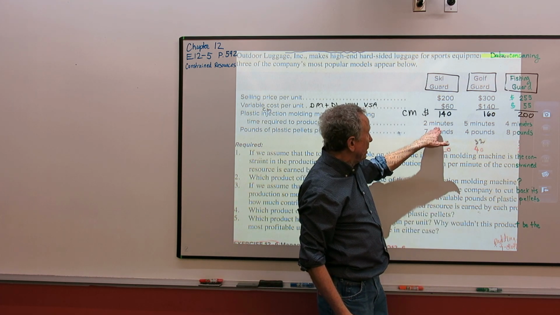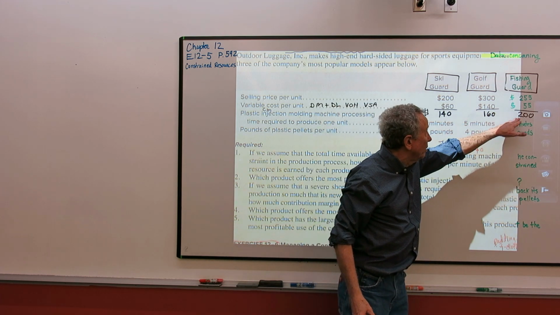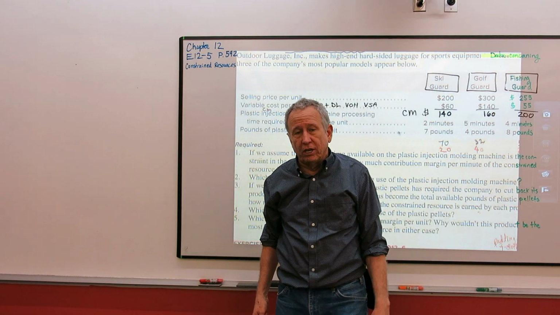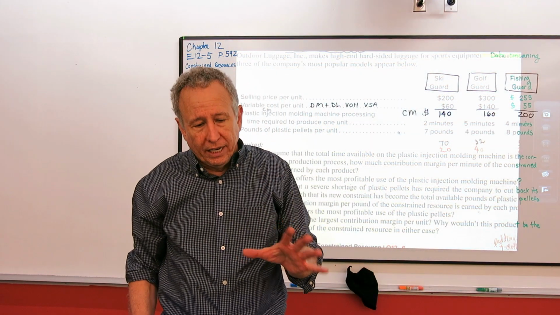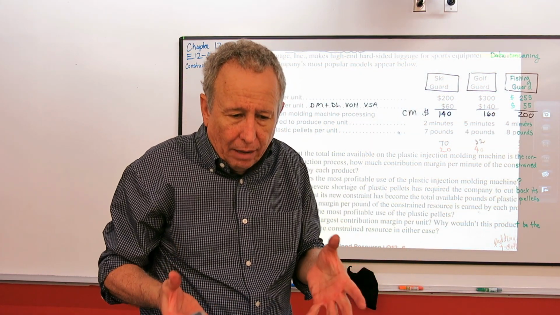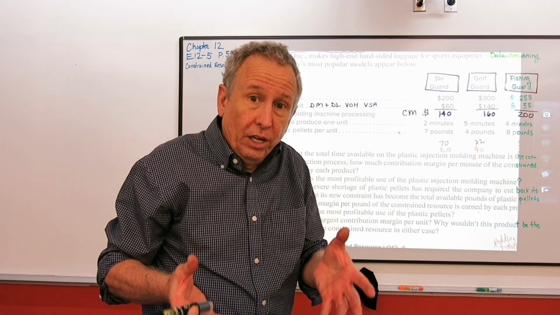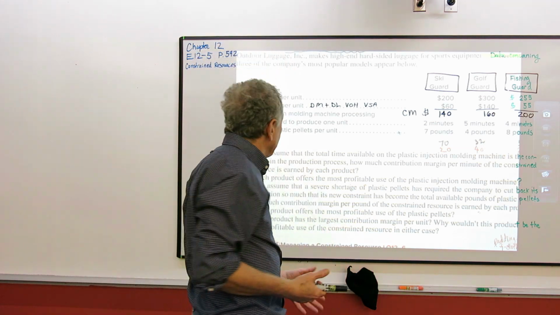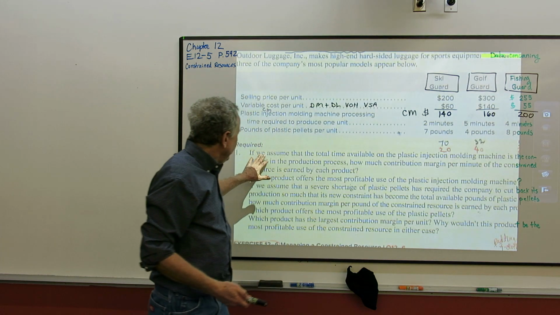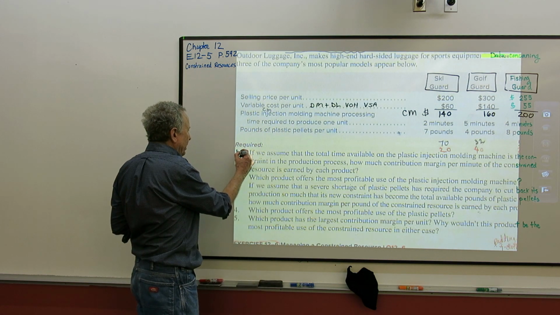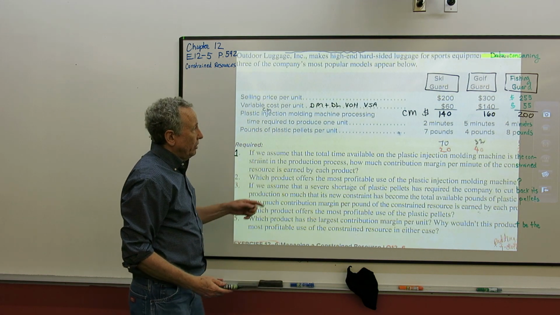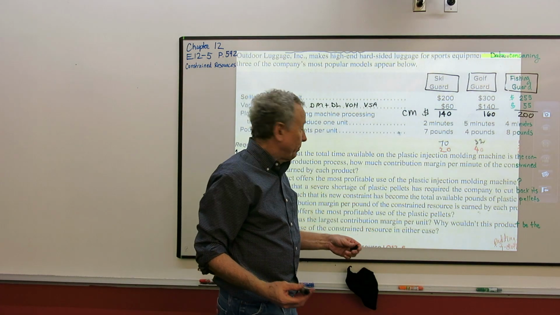So if you've got plenty of minutes and plenty of pounds, you'll make the most money selling fishing guards, relative to the common assumption, which is a valid assumption, that you have ample capacity. But it says, and this is requirement 1, and you know that's what they're going to change, they're going to say, what if you're running out?